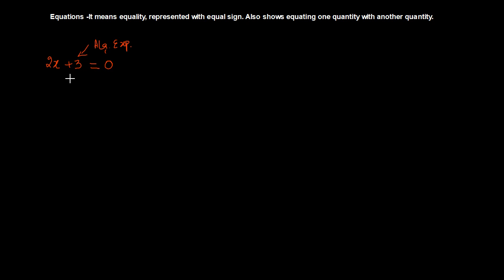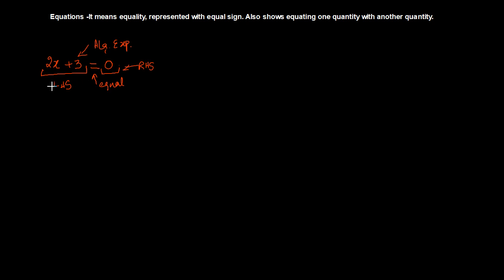For this example, let's try to find out what are the things that we need to know in an equation. That's an equal sign, which separates this, which is the LHS, and this, which is the RHS. LHS is left hand side and RHS is right hand side: left hand side of the equal sign and right hand side of the equation.